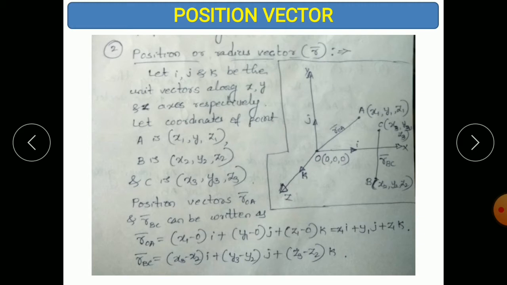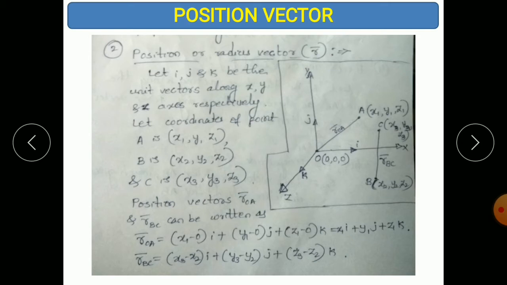Next, let A, B, and C be the coordinate points. For A it is x1, y1, z1, B is x2, y2, z2, and C is x3, y3, z3. Let us consider these points in the x, y and z coordinates.